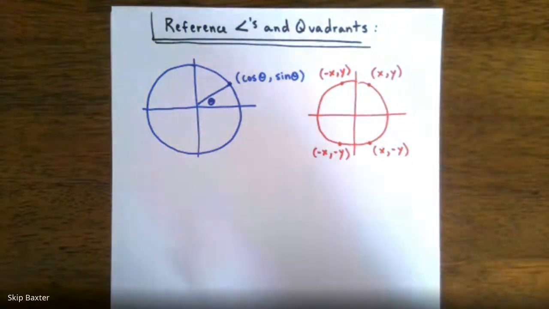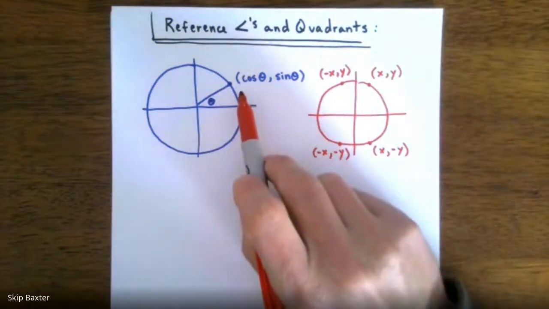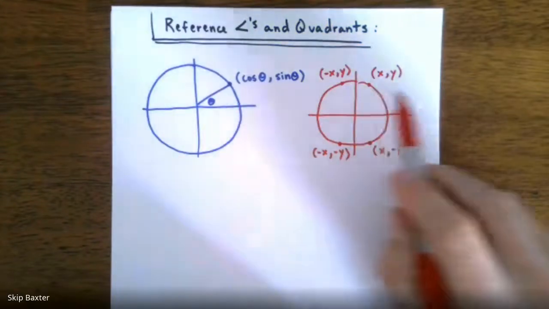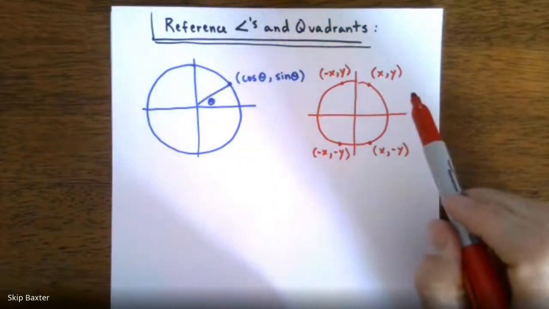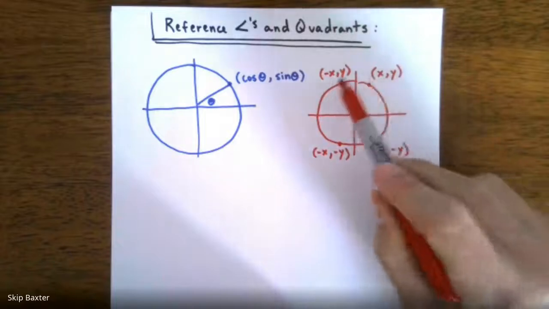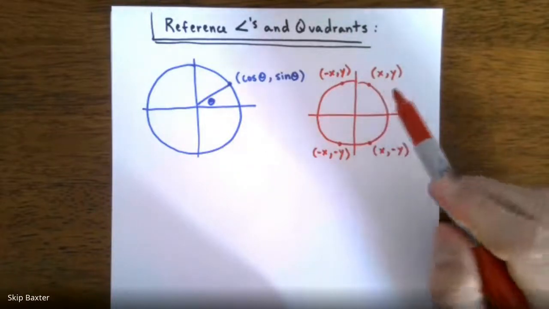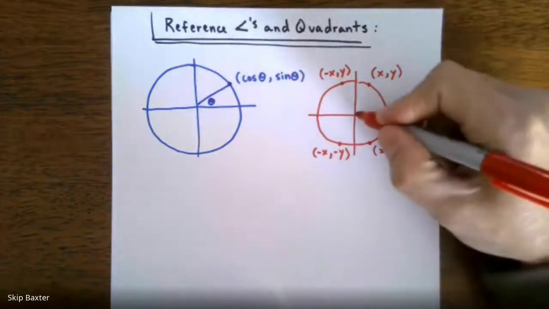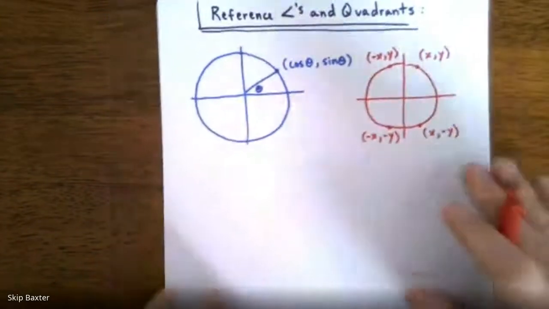So if you relate that to the fact that any point on the unit circle has coordinates cosine theta, sine theta, what that tells you is that any 2 points or 3 points or 4 points that have the same reference angle have the same trig values, right? So by reference angle, remember what that means.